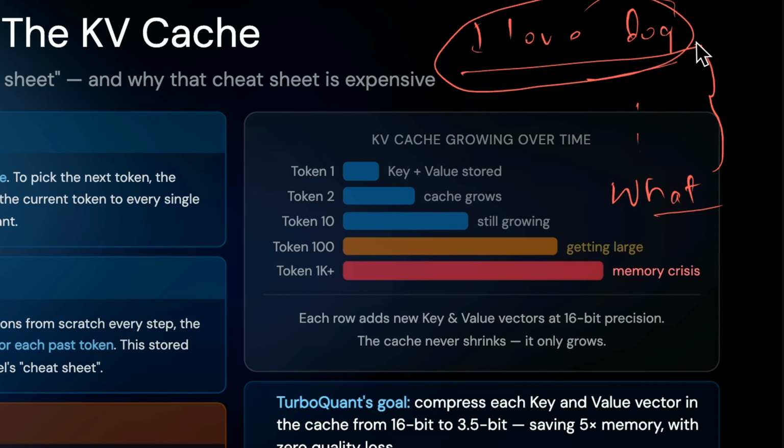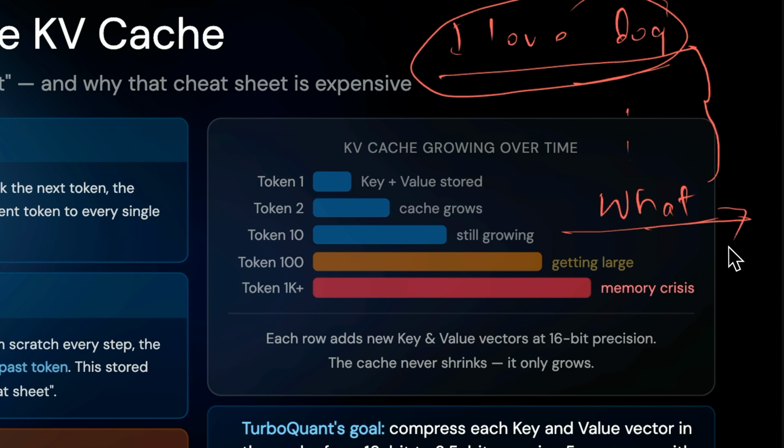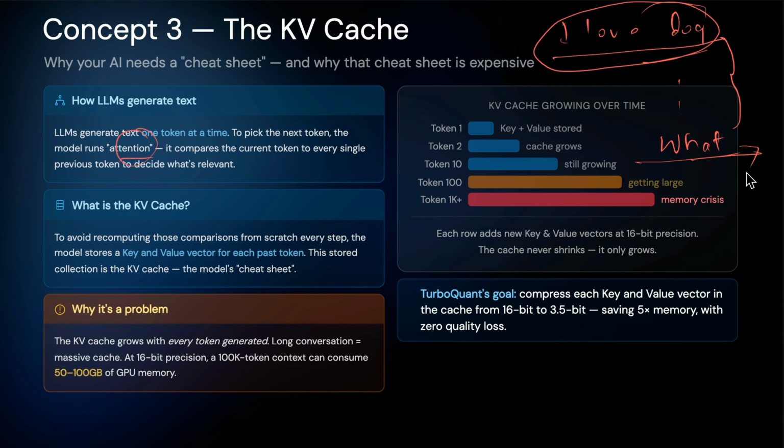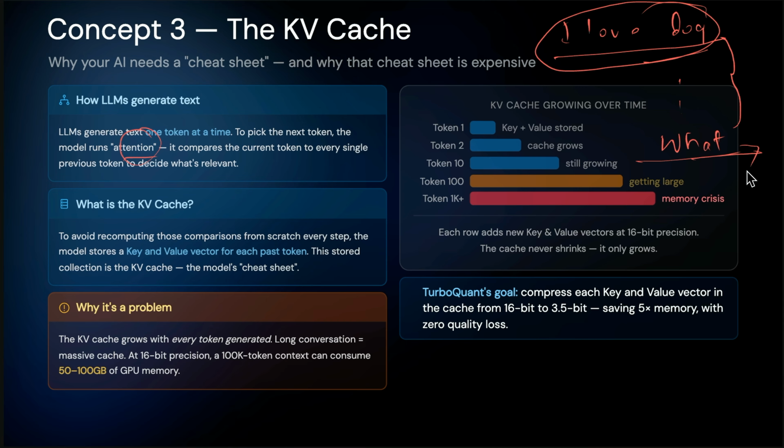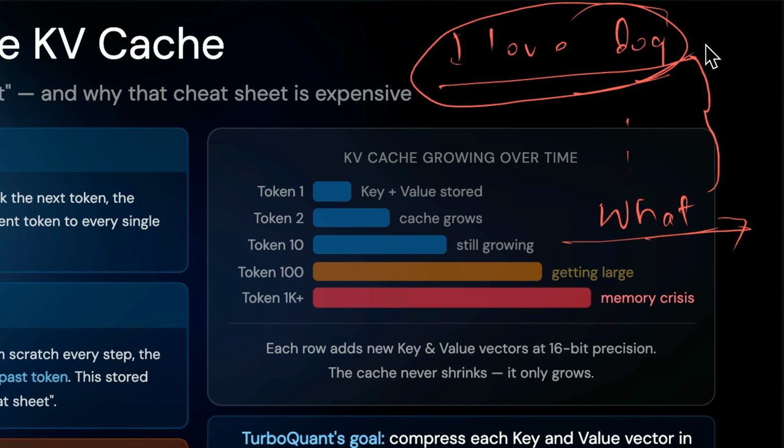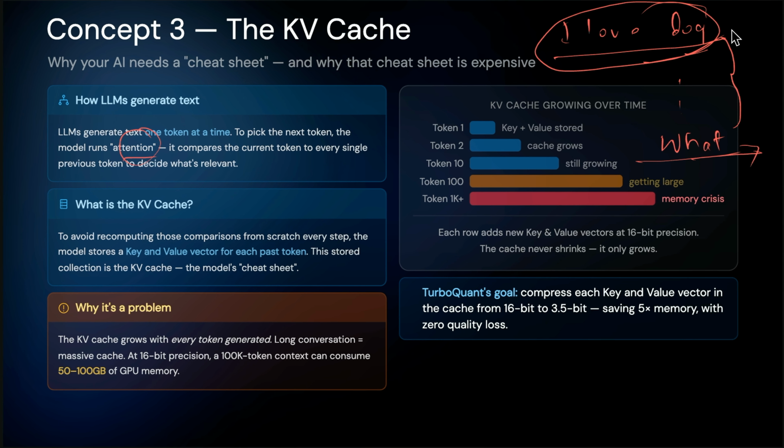So in this example, when you ask what is the animal that I said to you earlier, it takes a look at all the previous tokens, does this attention mechanism and compares them. By comparison it understands that this is something relevant to the question coming right now. So this is how LLMs generate text.